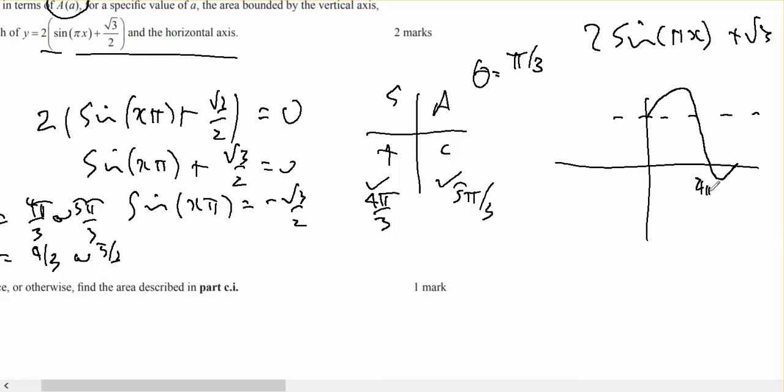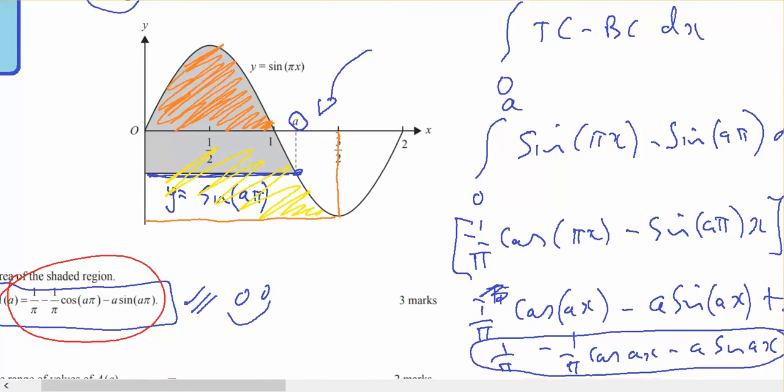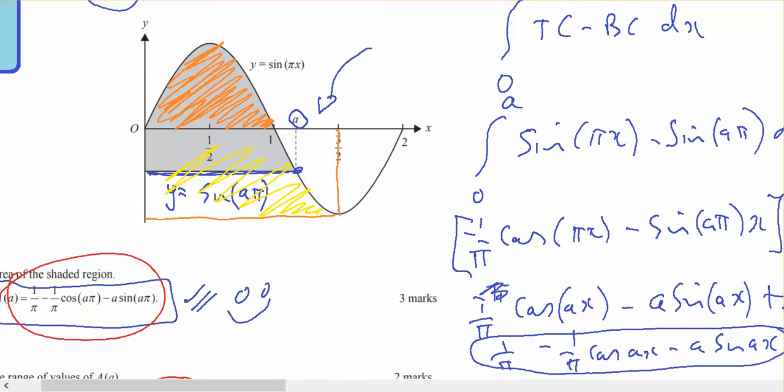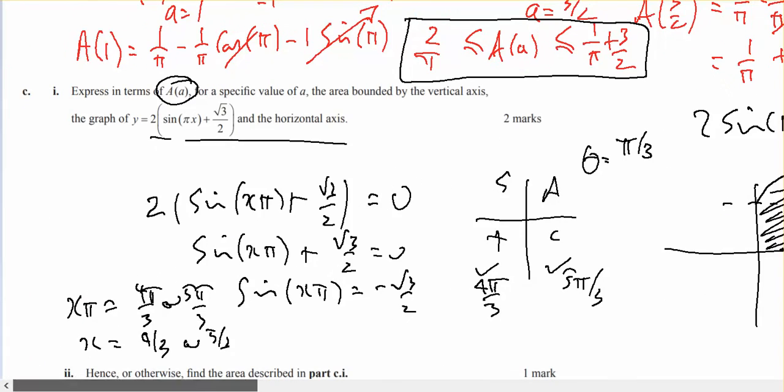And that's 4 pi on 3, and that's 5 pi on 3. And if this area here is the same as that area there, when a equals 4/3. So what I need to do is express in terms of A the specific area, or for a specific value of A, the area of that.